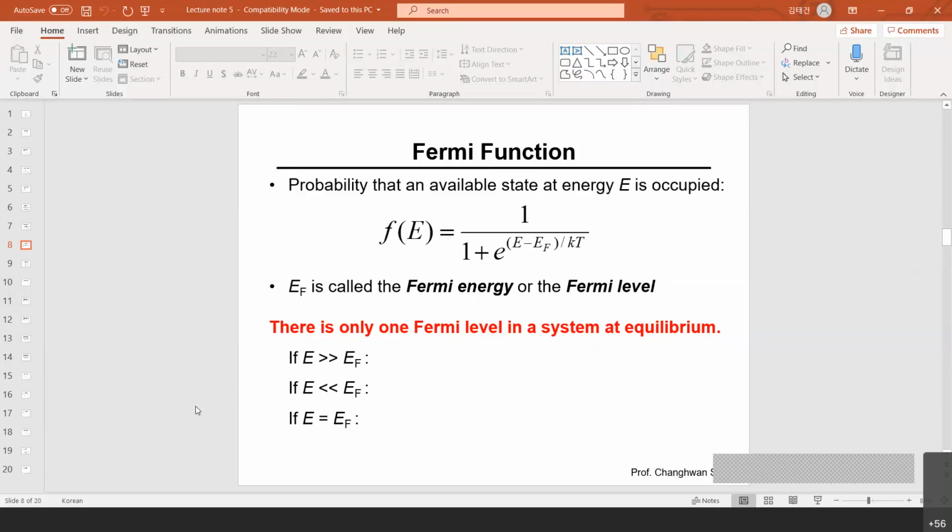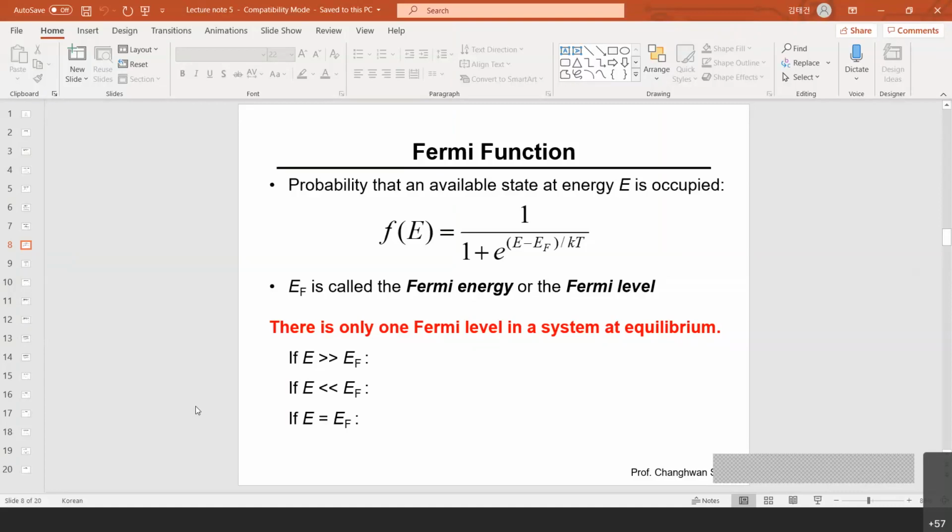How likely is that to happen? What is the probability for the electron to fill the empty energy state in the conduction band? That's a very tricky question at first glance. It is hard to tell.